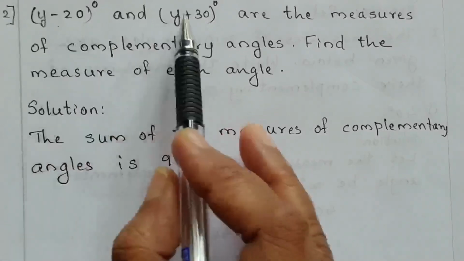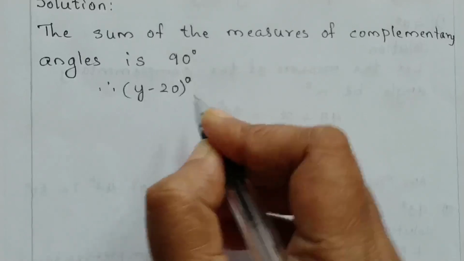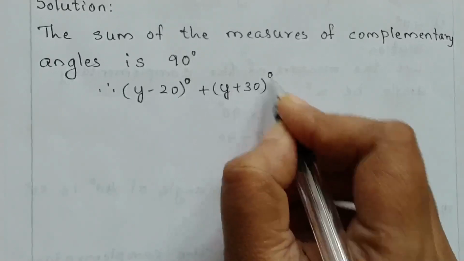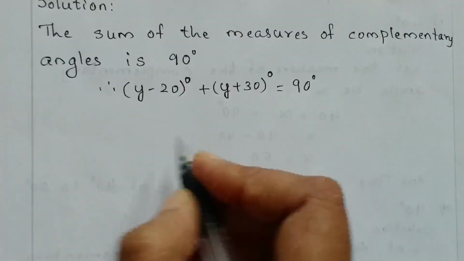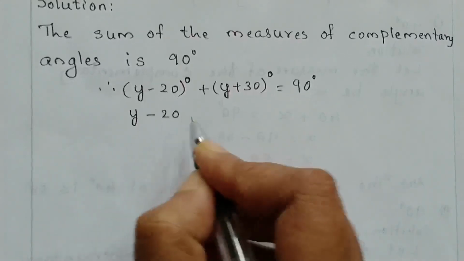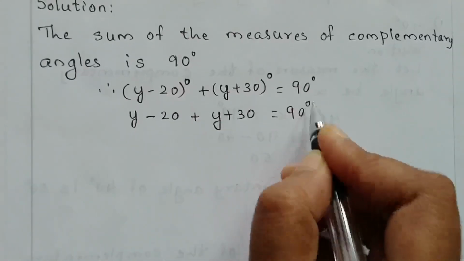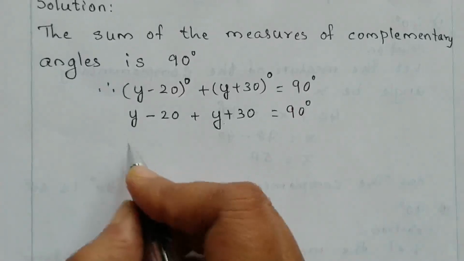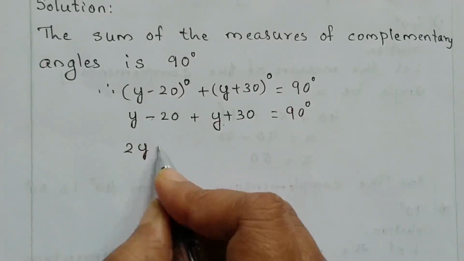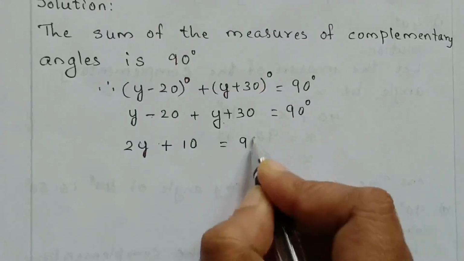That means when you add the two, you will get 90 degrees. Therefore, y minus 20 plus y plus 30 is 90 degrees. y plus y will give you 2y, minus 20 and plus 30 will give you plus 10. That's equal to 90 degrees.